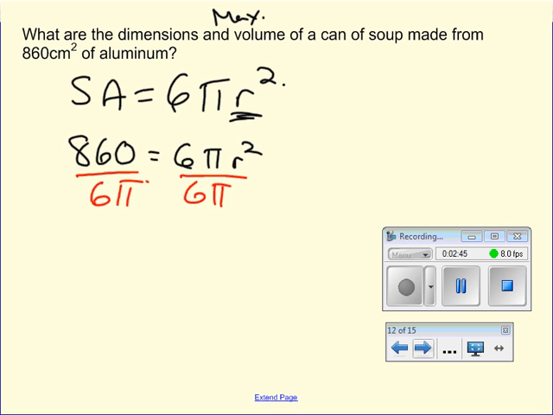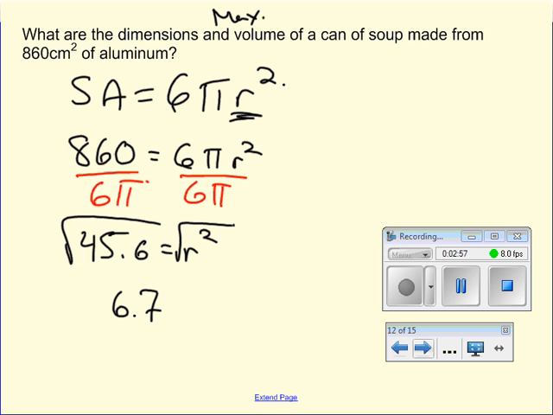And I'm going to get 45.6, and that's going to be equal to r squared. Square root both sides, and I get 6.75 as my radius. That's great.